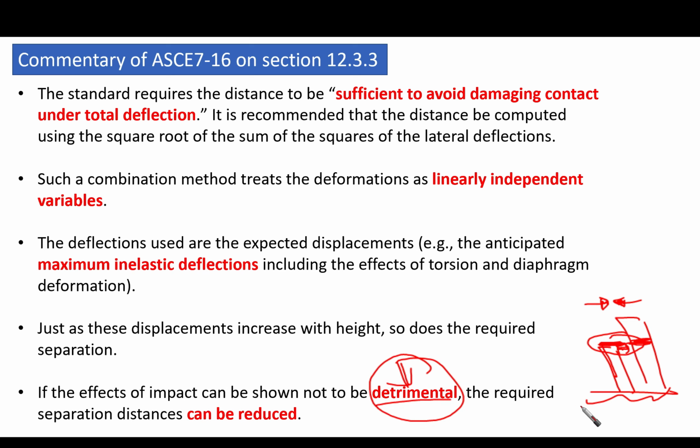In this case, the required separation distances can be reduced. We can reduce it. So it is something important also for you, and this is based on engineering judgment and decision.